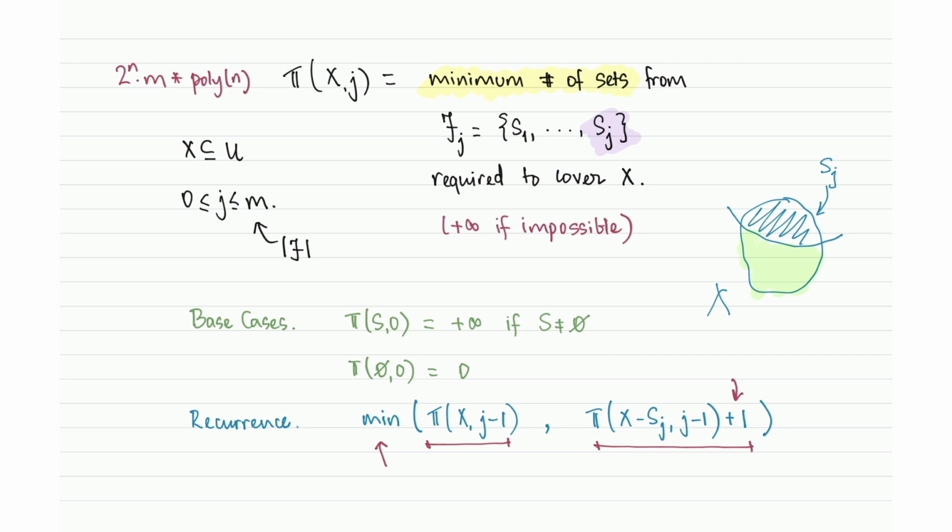Now finally, notice that the correctness of this algorithm really hinges on the accuracy of the recurrence that we established here, and hopefully the correctness of this recurrence was reasonably clear, at least intuitively, based on the discussion that we had when we came up with it.